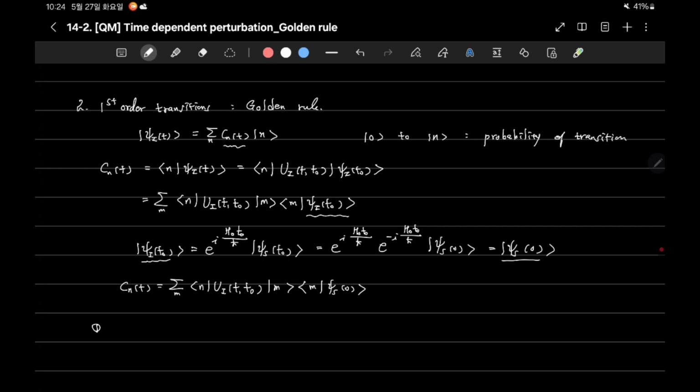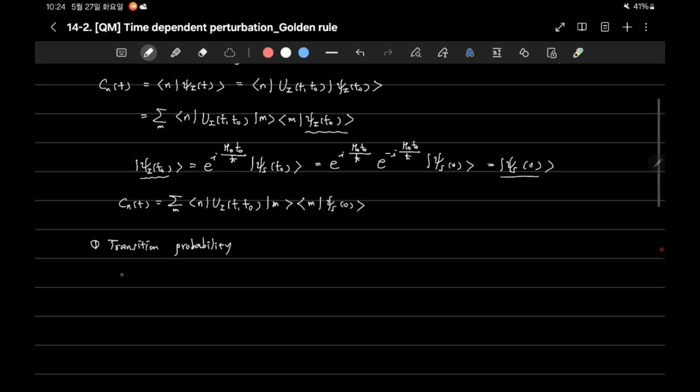Here we define the transition probability from the initial state to the end state.